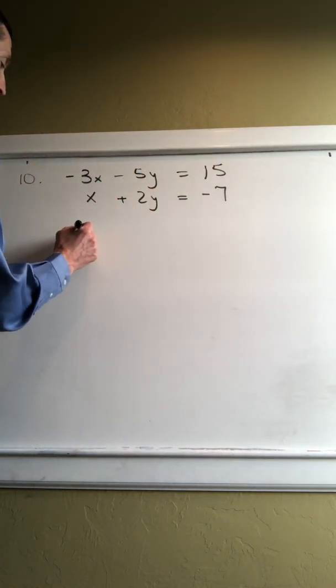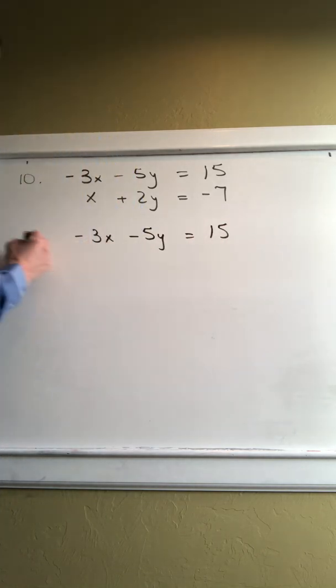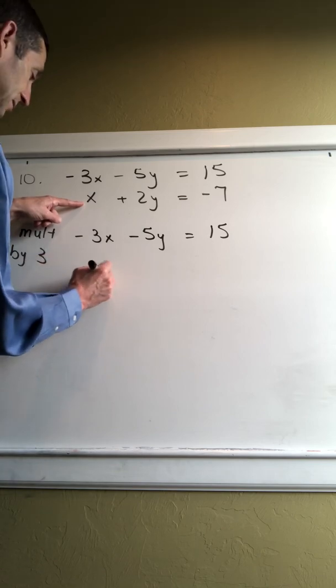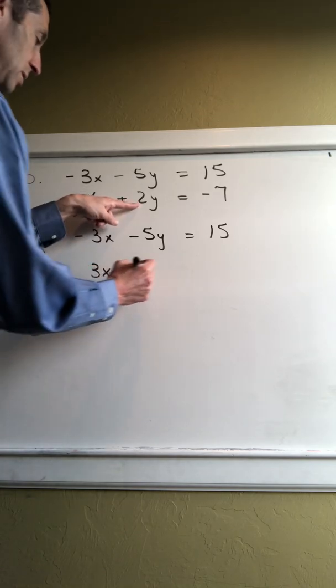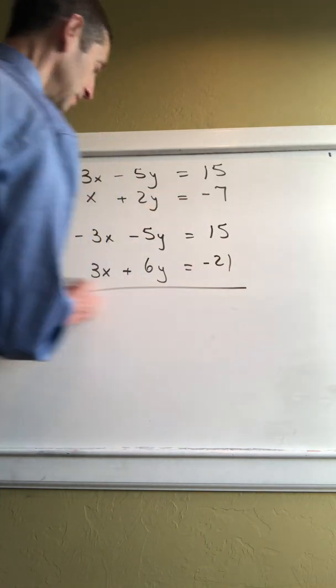We'll keep this top equation the same. And then on the bottom, let's multiply it in. So all the way across the bottom, we're going to multiply everything by 3. So 1x times 3, 3x. 2 times 3, 6y. Negative 7 times 3, negative 21.